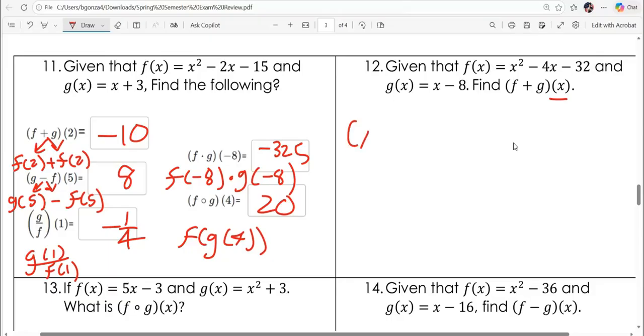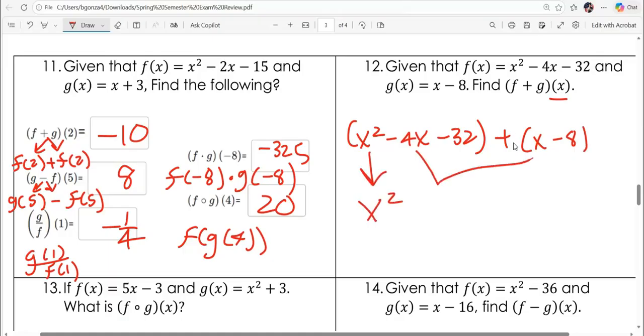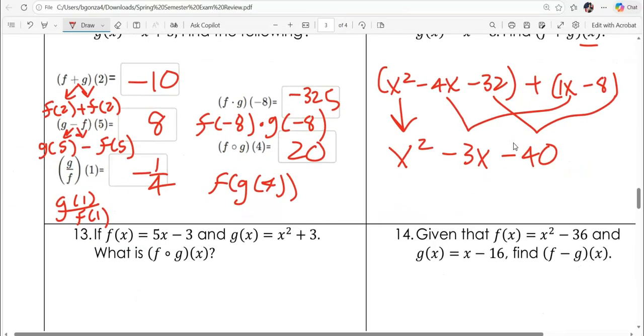So x squared minus 4x minus 32 is f of x plus g of x is x minus 8. So you have x squared coming down, two x's, -4 plus 1 is -3x. -32 minus 8 is -40. You add, combine like terms.